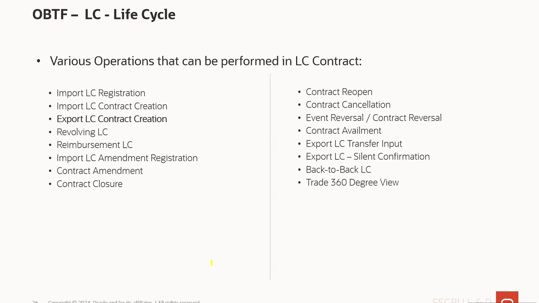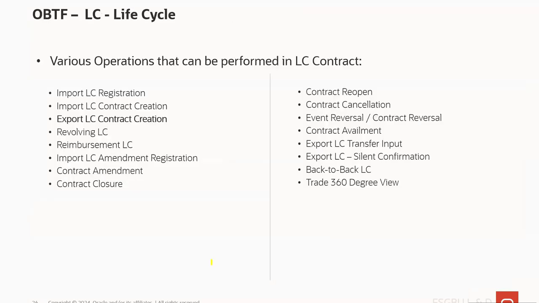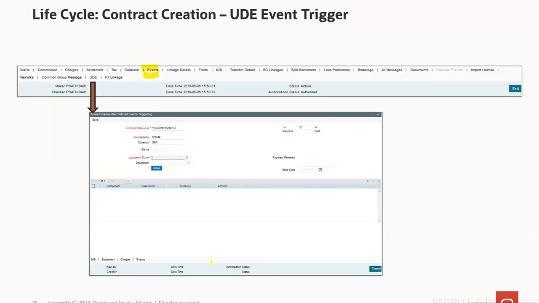Okay. Next one is export LC. Yeah, Dilip, sorry. Mahesh, there is an FX linkage. So is that just for information purposes or will the system do any processing? No, it will try to give you the FX contracts. Basically in LC, it is just for hedging purposes.